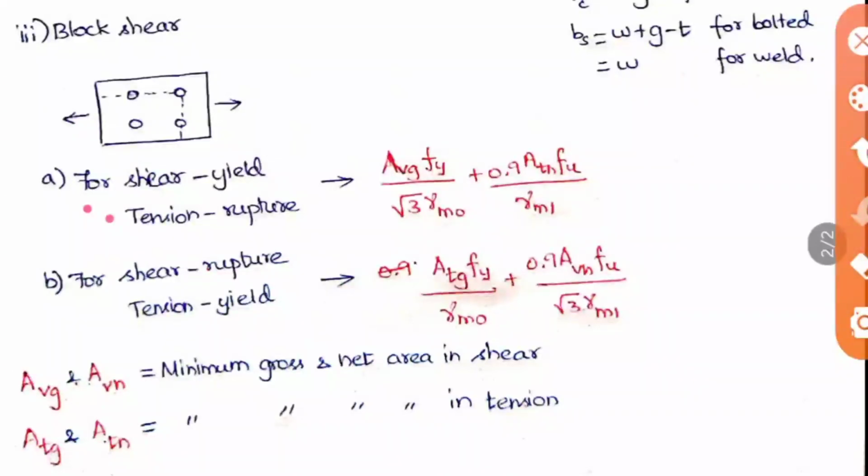So when rupture occurs, you should go for the minimum net area Atn. Okay, so remember: when yield occurs, it should be gross area, and when rupture occurs, it should be net area. So here Avg is the gross area in shear, and this is the net area in tension. In the next case, it is the gross area in tension, and Avn is the net area in shear. So that's all about this block shear strength.